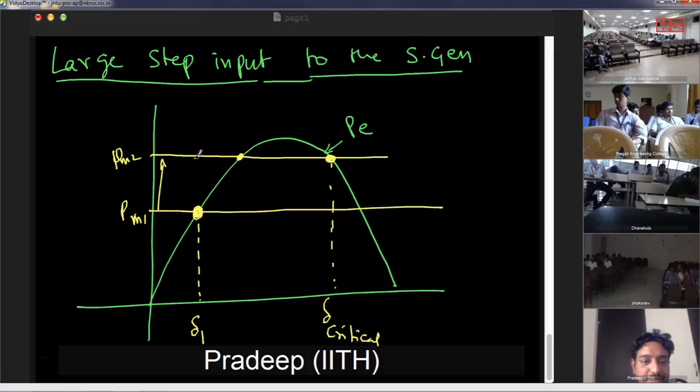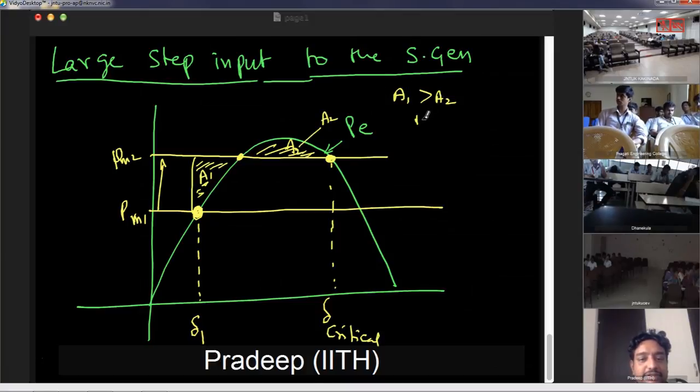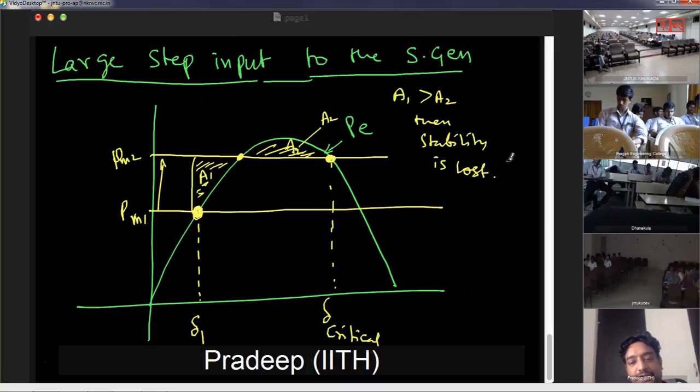So here, let's call this area A1 and this area A2. So if A1 is greater than A2, then stability is lost. So this is what we have to see today. Okay, so let's continue. I'll go to a new page.